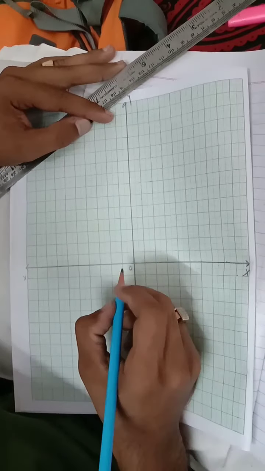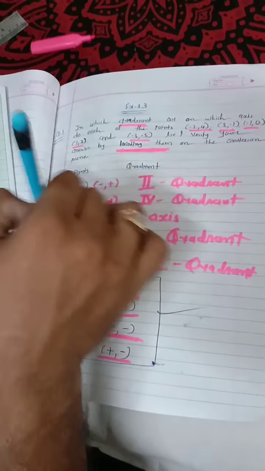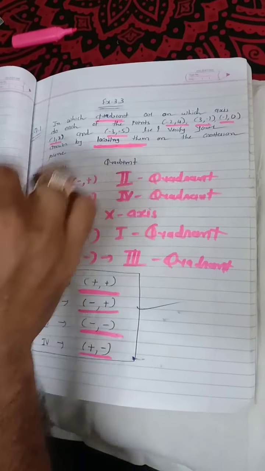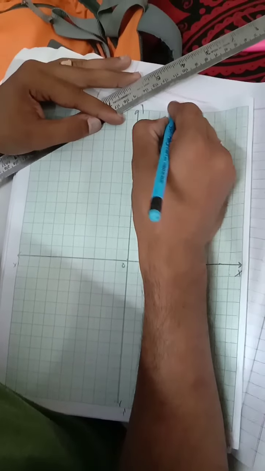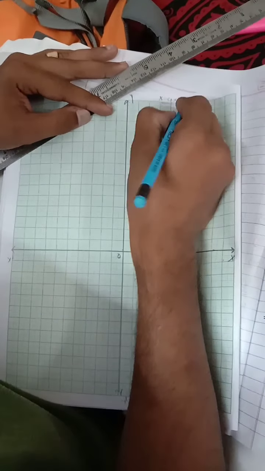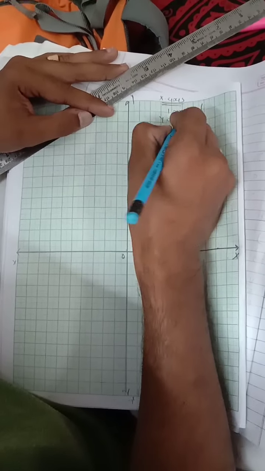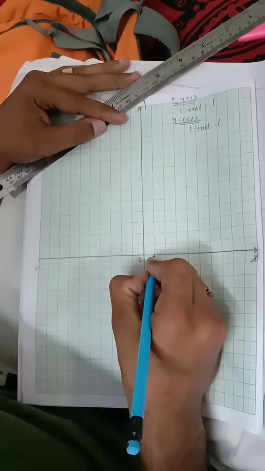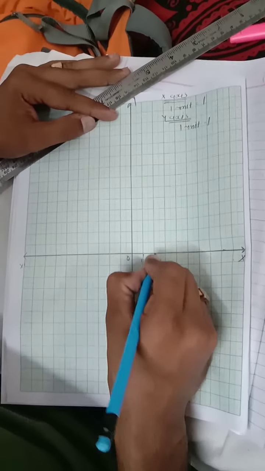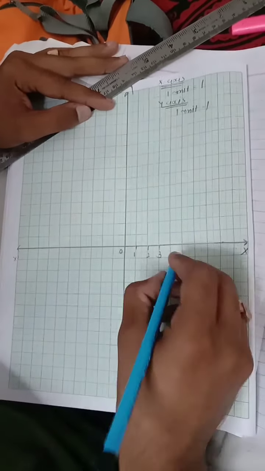This one is your origin. You see that all coordinates are under 10, so I use a scale: x-axis 1 unit equals 1 and y-axis also 1 unit equals 1. I write here 1, 2, 3 as positive x. X dash means negative x.